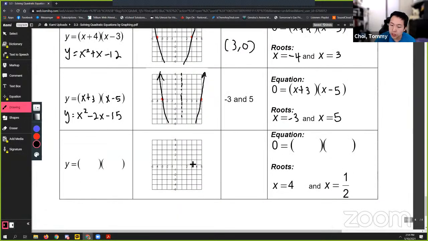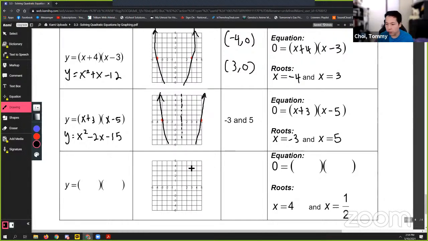And the last one here, this one should have been a little bit harder for people. This was expected to be a little more difficult because of the second root. The first root's easy. That's x minus 4. That gives us our equation there. That's easy. But what about this?